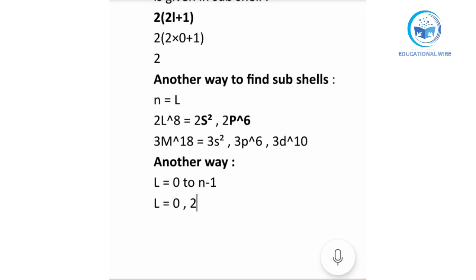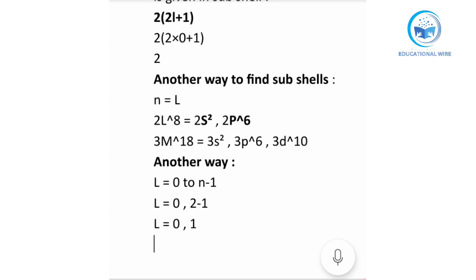Now n is the second orbit, so n minus 1 is 2 minus 1, which is 1. We put l is equal to 0 comma 1.